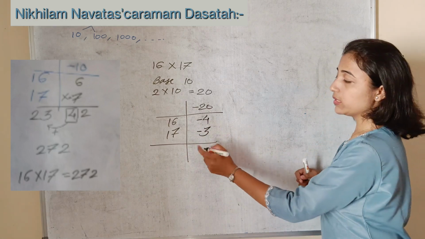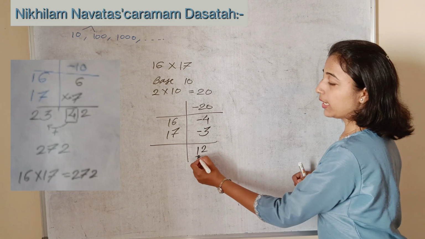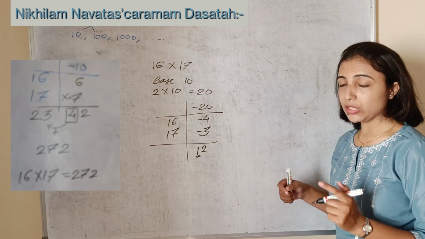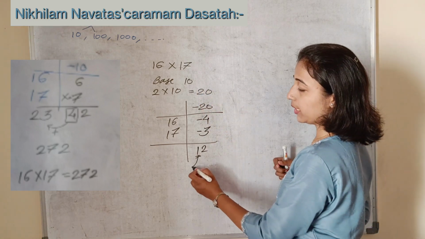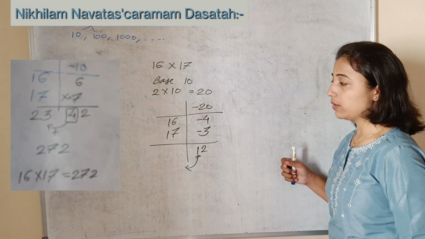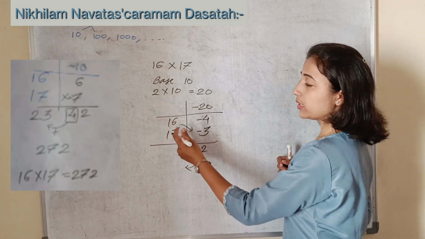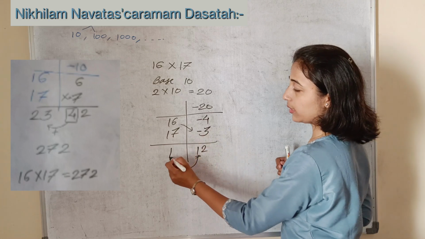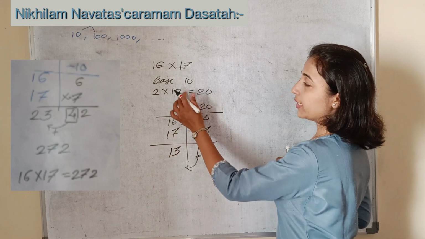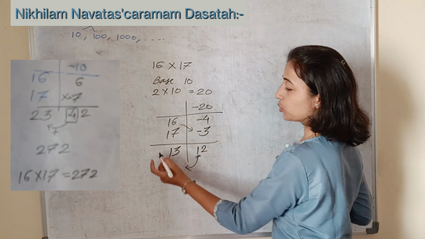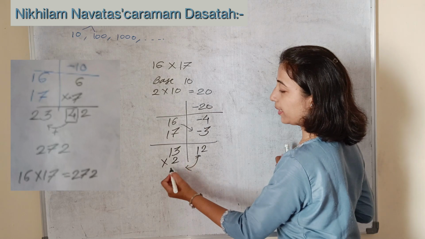Now take the product of these numbers. It is 12, and as we are taking base 10, this is one extra number that we can shift to the next number after doing the calculation. So here cross, 16 minus 3 is 13, and because we are getting 20 by multiplying 2, here also multiply this number by 2.